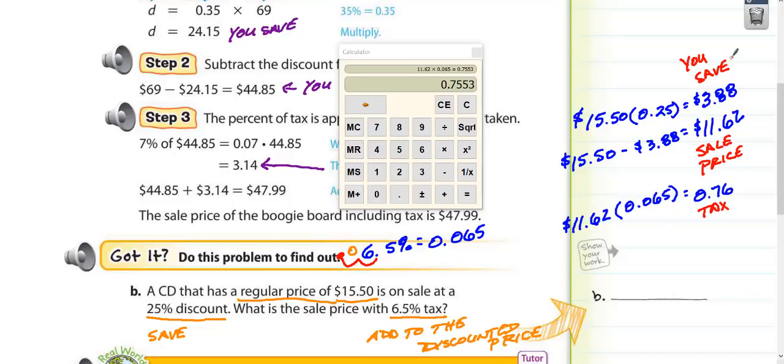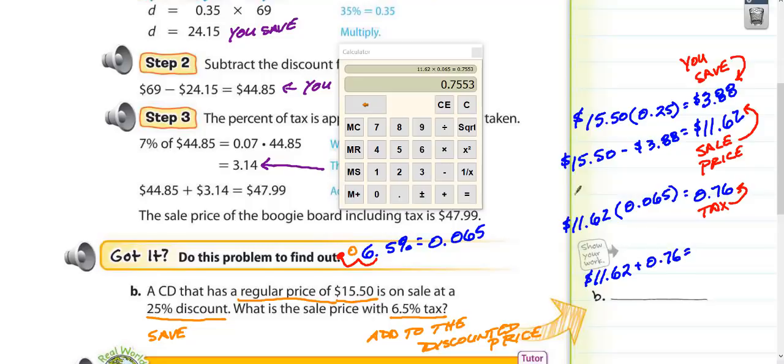So we've had 3 things happen. We did our first multiplication. We figured out what you save. We took that away. We figured out what the sales price was. Now we multiply that sales price times the tax. That tells us what the tax is. And then the last step, take the sales price, $11.62, and add the tax.